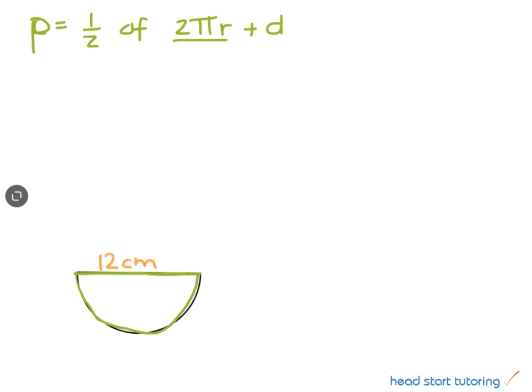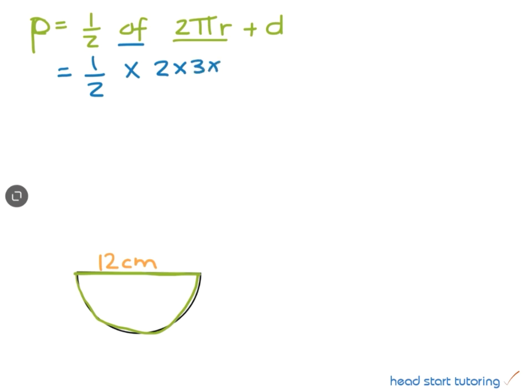Right, so if we would like to work out the perimeter of this semicircle, using pi equal to 3, we just need to follow our formula very carefully. We can write half multiplied by, because of is equal to a multiplication, 2 pi r, and 2 pi r will be equal to 2 times 3 times our radius.